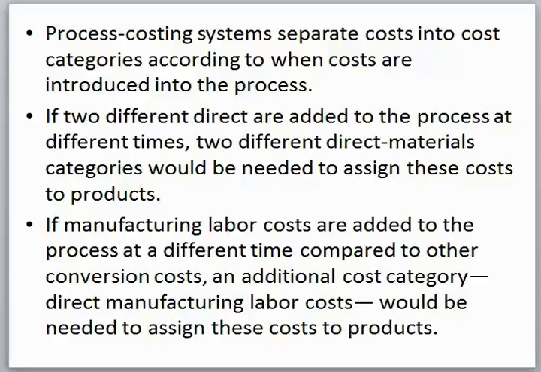And if manufacturing labor costs are added to the process at a different time compared to other conversion costs, an additional cost category, direct manufacturing labor cost, would be needed to assign these costs to products.